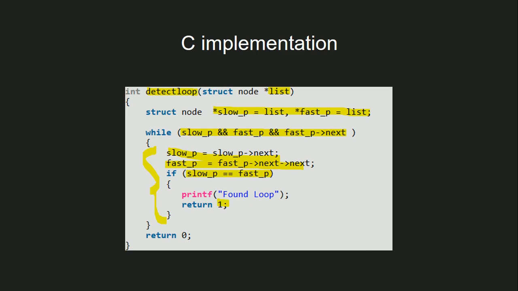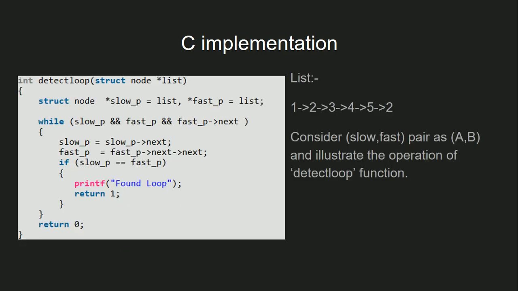Now let's understand this. Suppose the source list is 1, 2, 3, 4, 5 and the 5 pointing to 2 again. Now the head of this list is pointing to 1. So the slow pointer and fast pointer are pointing to 1. Now let's consider slow and fast pointers as a pair AB for better understanding.